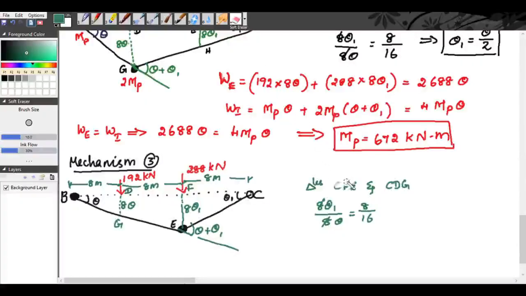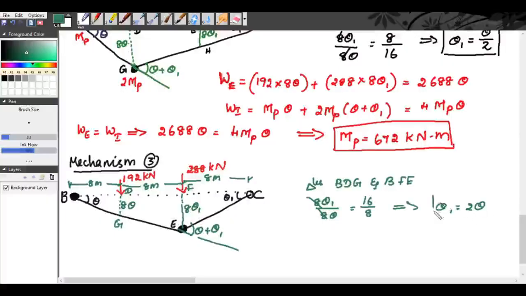So taking triangles BDG and BFE, we have 8 theta 1 by 8 theta is equal to 16 by 8. So from which we get theta 1 is equal to 2 theta.